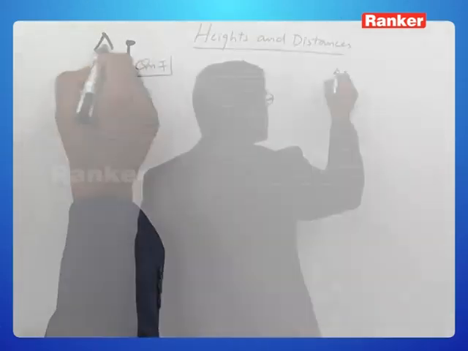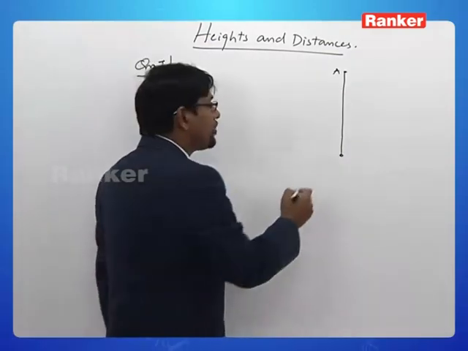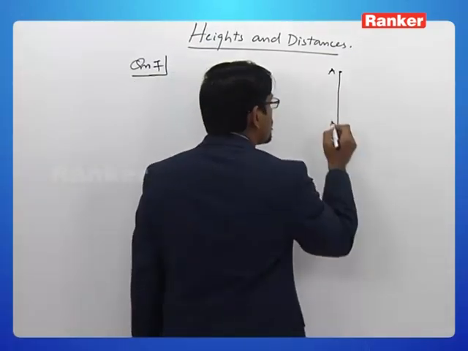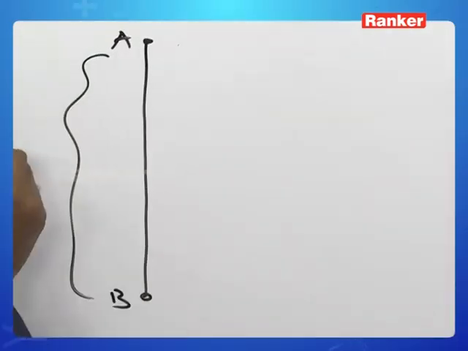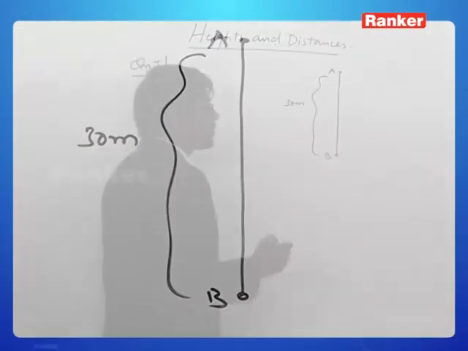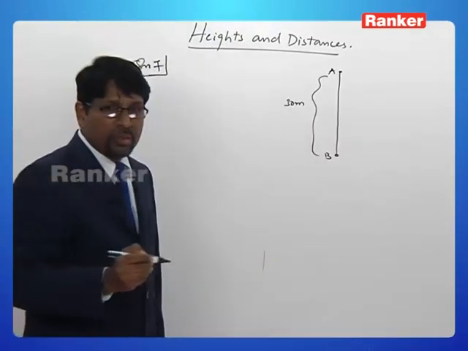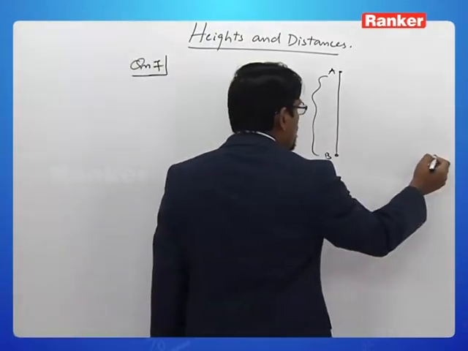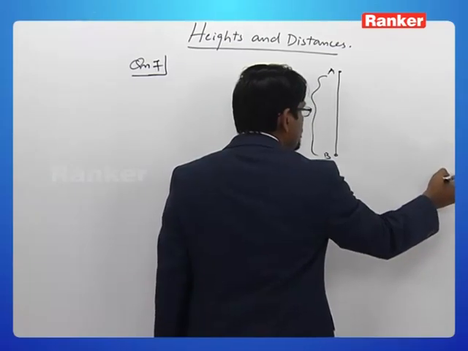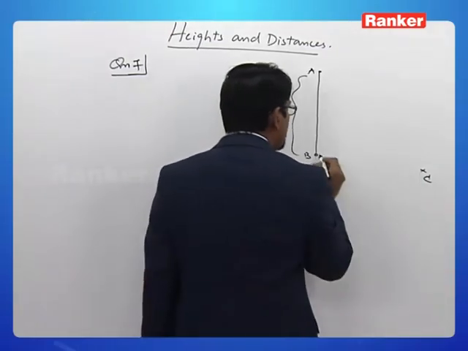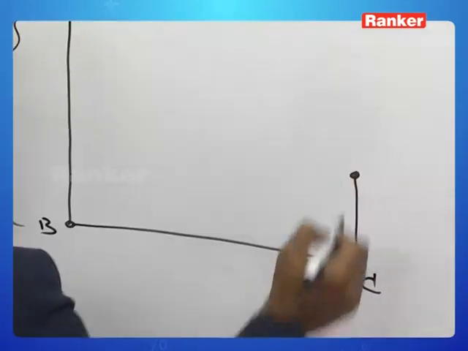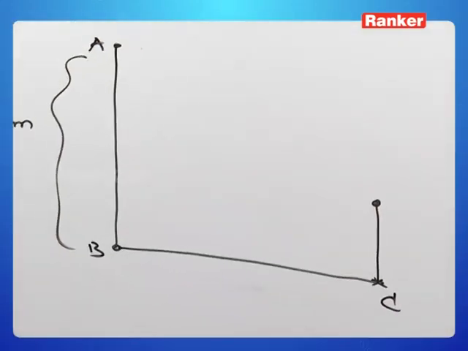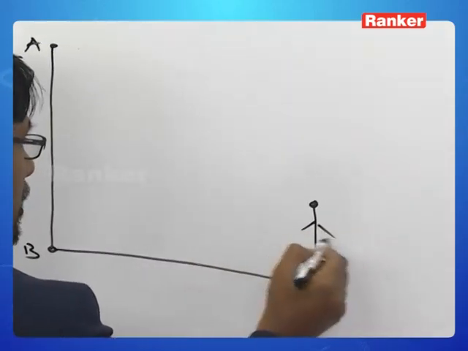Person. AB is the building, which is 30 meter tall. A person is initially at some point C, standing at C. This is the person here.